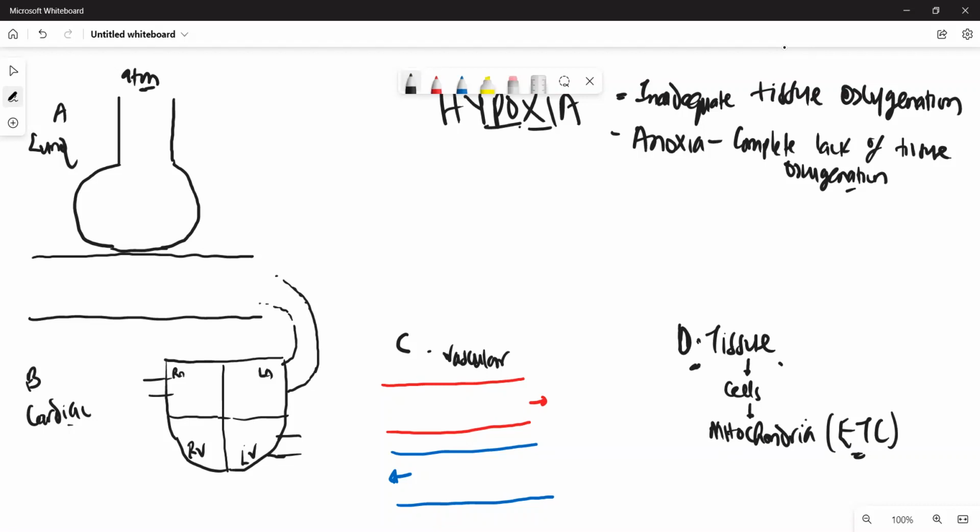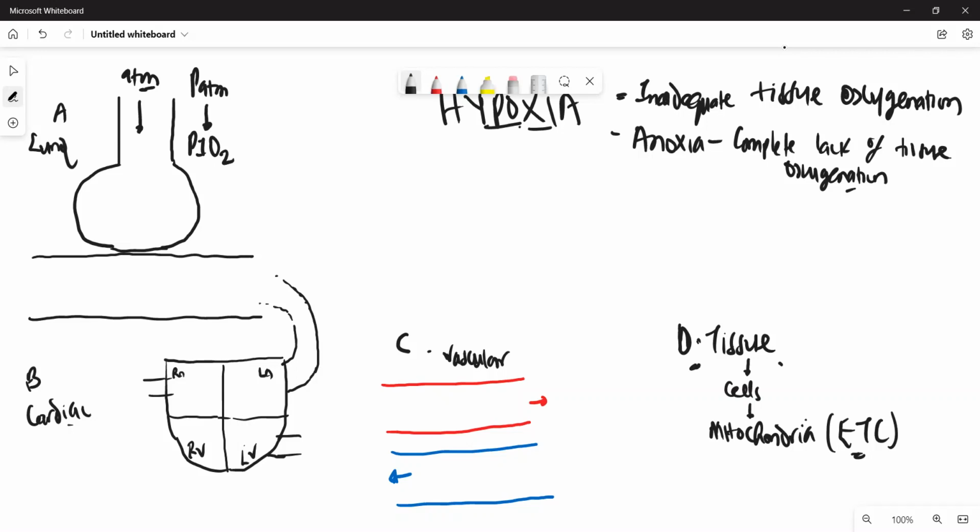They move from high pressure to low pressure. So from the atmosphere, which is our P atmosphere, it's going to go into the airway, which is going to be our PiO2, partial pressure of oxygen in the inspired gas.